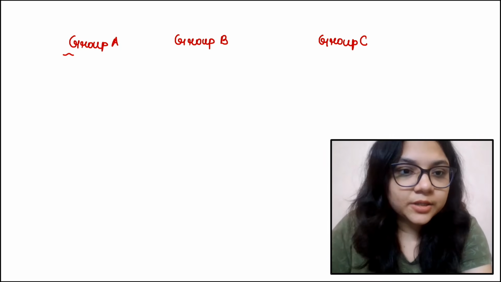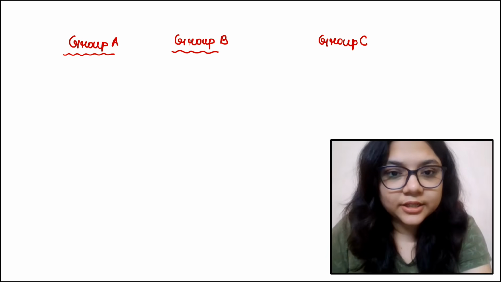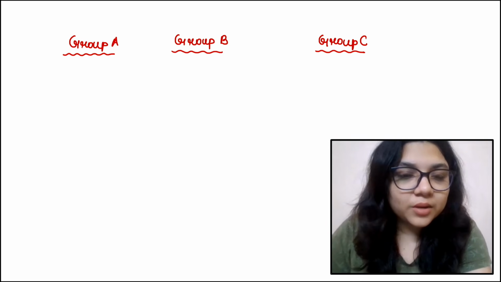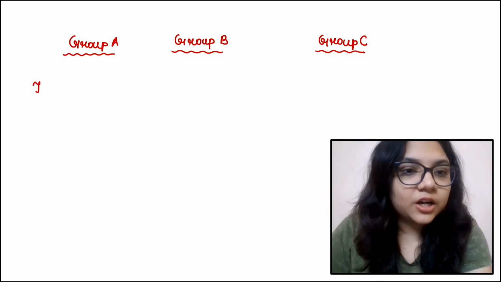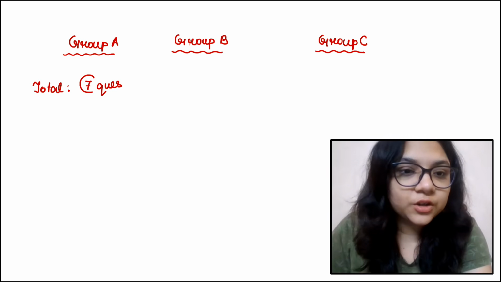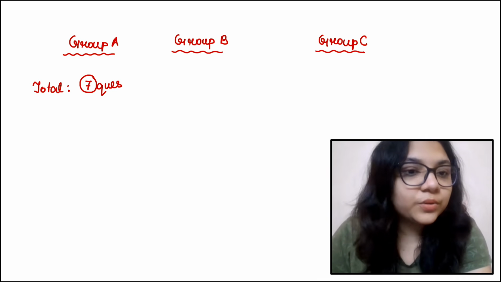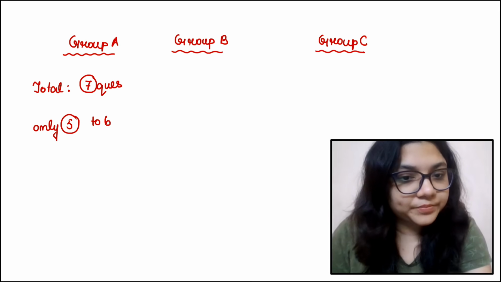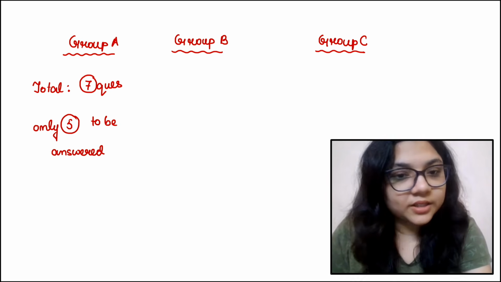So what we are seeing is the paper is divided into three, that is group A, group B and group C. Now, when we talk about group A, there will be a total of 7 questions given to you, right? They will give you a total of 7 questions, out of which you will have to do only 5. Only 5 to be answered. Are we getting it? So this is the first basic thing.